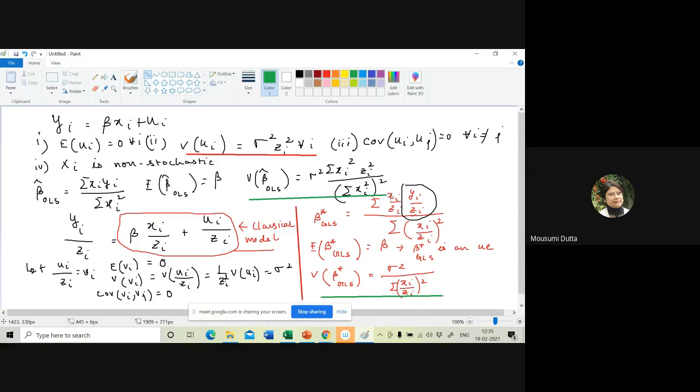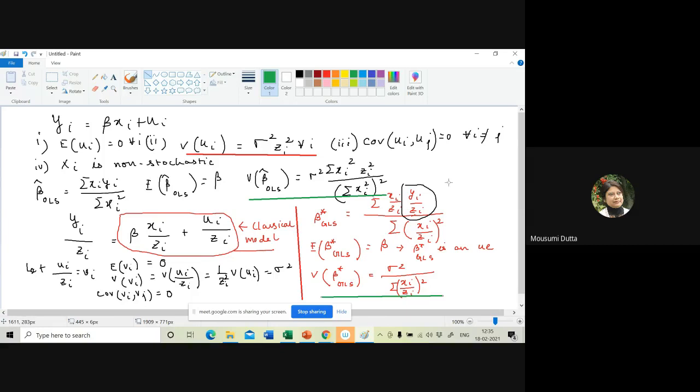We need to compare these two variances and check whether variance of beta star GLS is lesser than variance of beta hat OLS. In that case, we will be able to claim the transformed model is giving us the minimum variance.